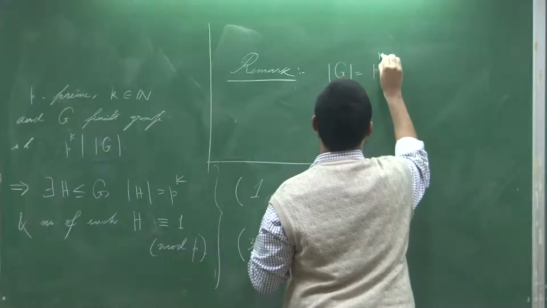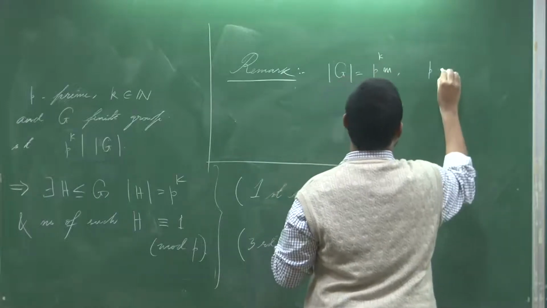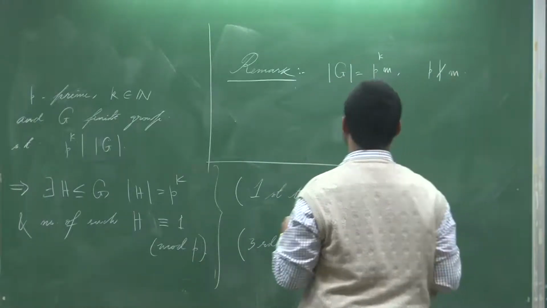Let the order of G be p to the power k times m, where p does not divide m.